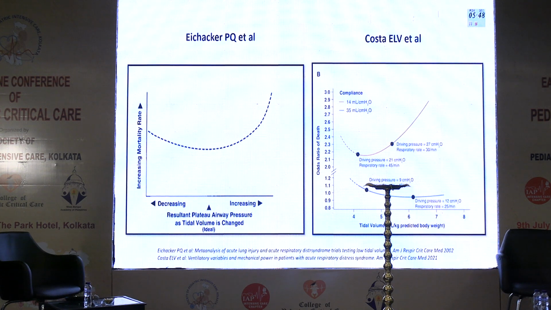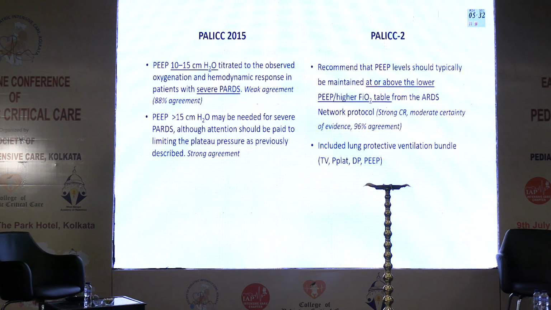The mortality is very high as compared to where the driving pressures are low and the rates are low. So when you are ventilating patients, it is now a part of monitoring. Driving pressure is very easy to calculate, so it is a part of monitoring in your daily respiratory charting.